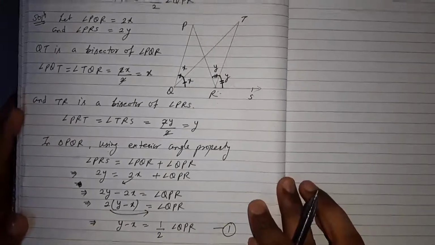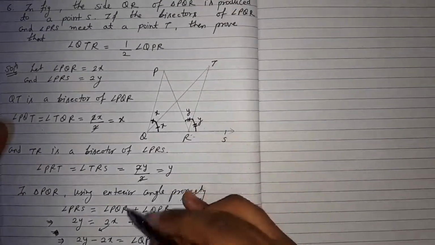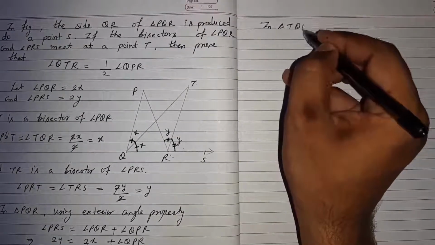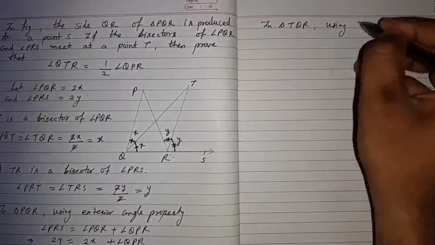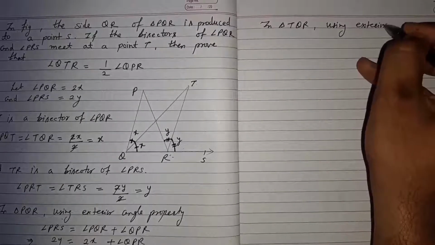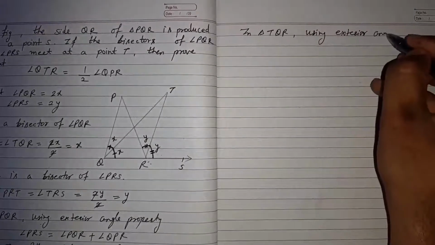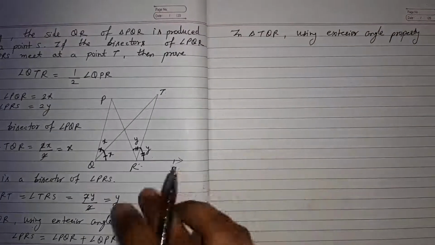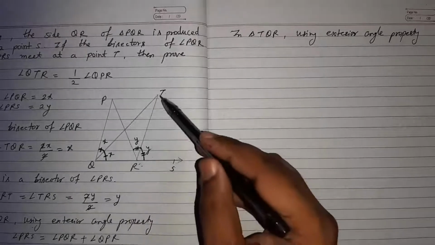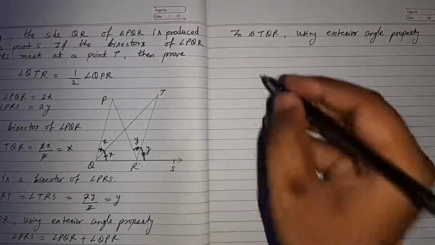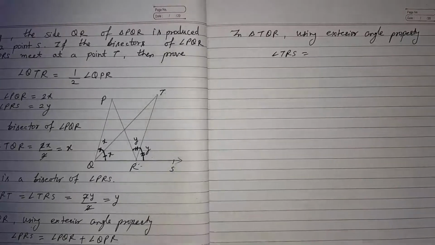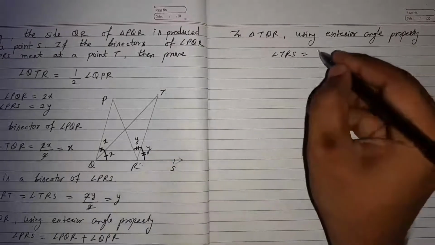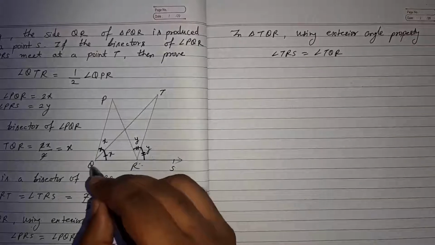Now see the triangle TQR. In triangle TQR, using the exterior angle property, angle TRS is an exterior angle, equal to the sum of the two opposite interior angles, so it will be angle TQR plus angle QTR.